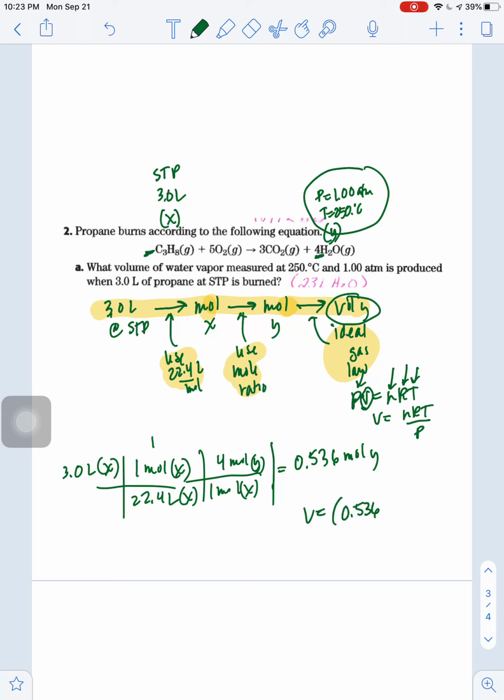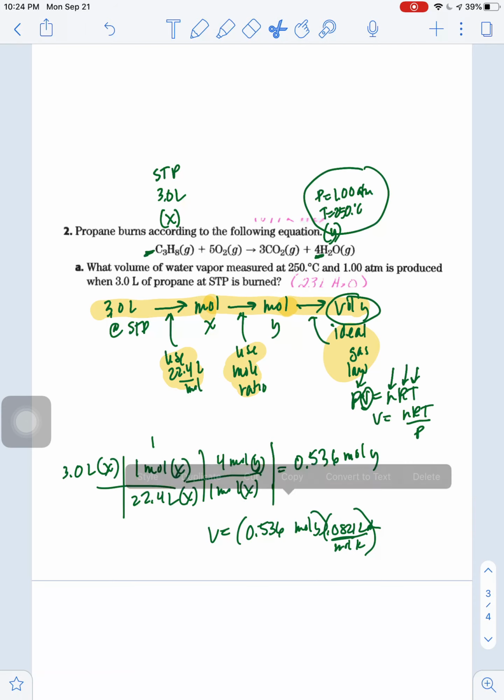V is 0.536 moles times R times temperature, which was 250, whoops, I have to convert that to Kelvin, 250 plus 273. It's 523.